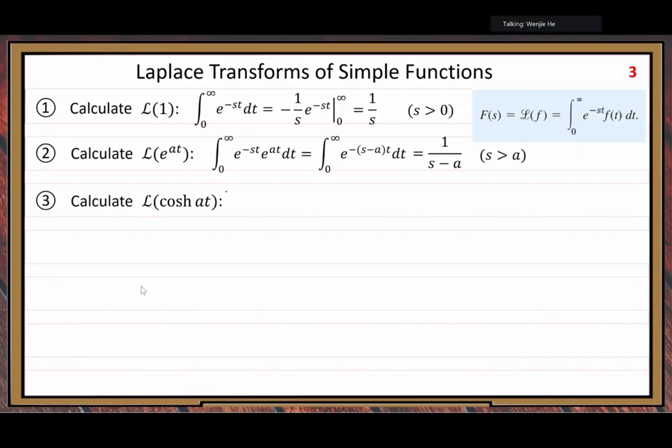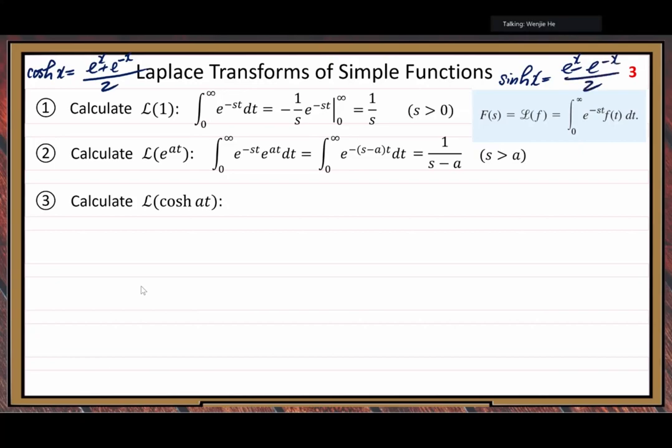Here I just recall that cosh of x equals e to the x plus e to the negative x over 2. That's the definition of the hyperbolic cosine. But the hyperbolic sine just has a minus instead.